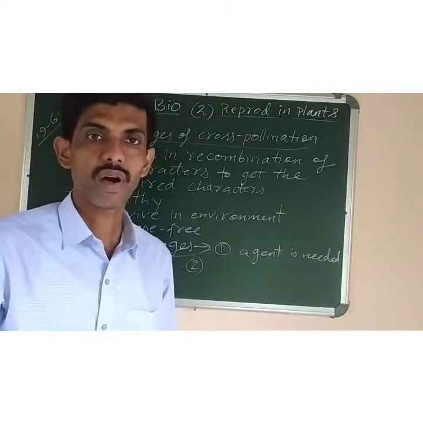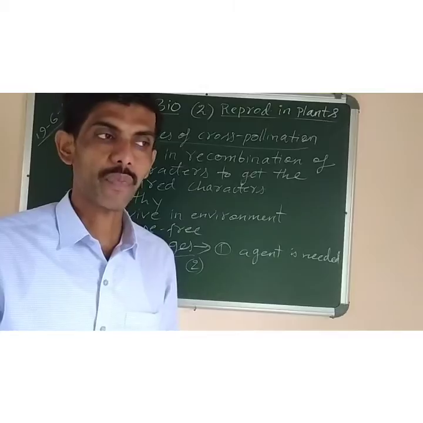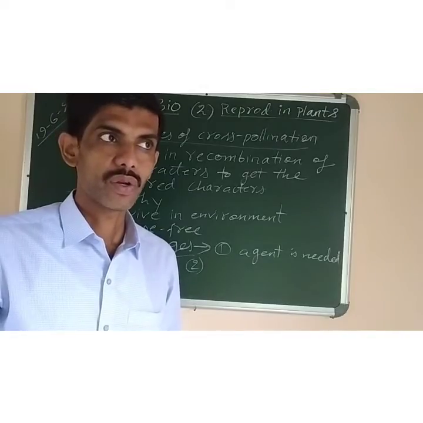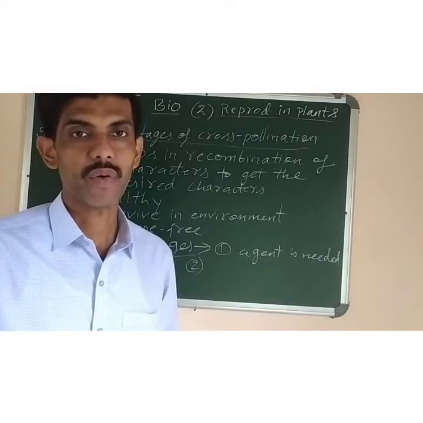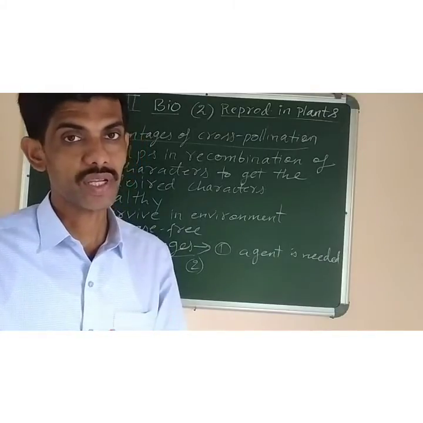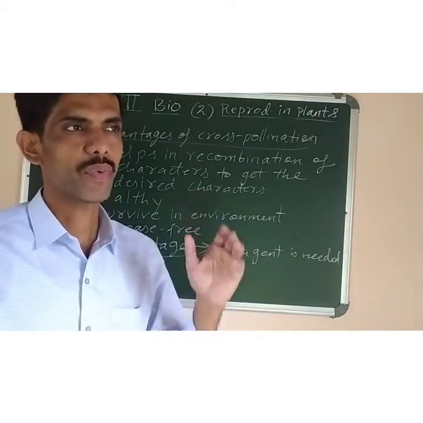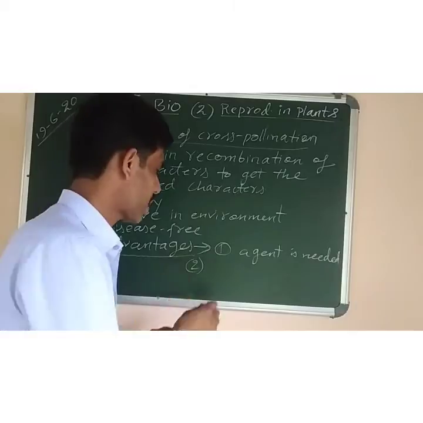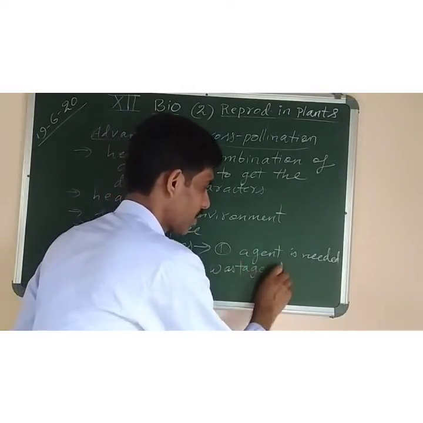cross-pollination always needs a large number of pollens, which are wasted, like when wind and water pollinated flowers are pollinated. When pollination is done in wind and water pollinated flowers, a large amount of pollens are wasted. So wastage of pollen also we can write. The second point, wastage of pollens.